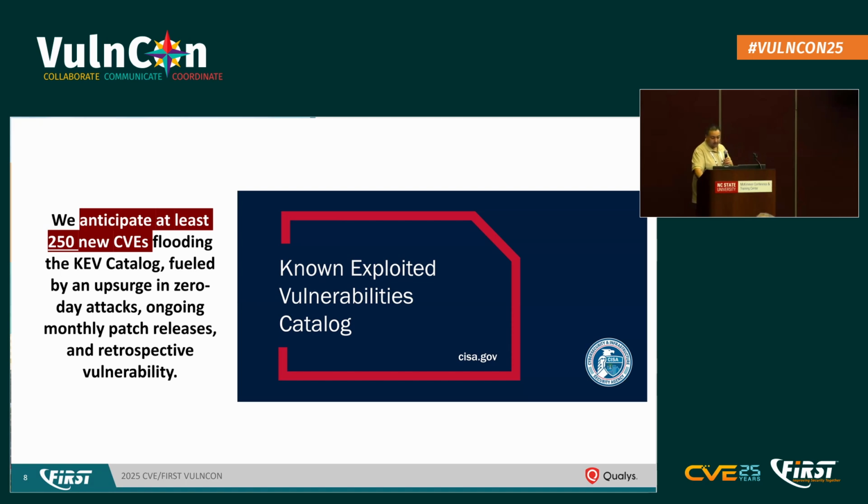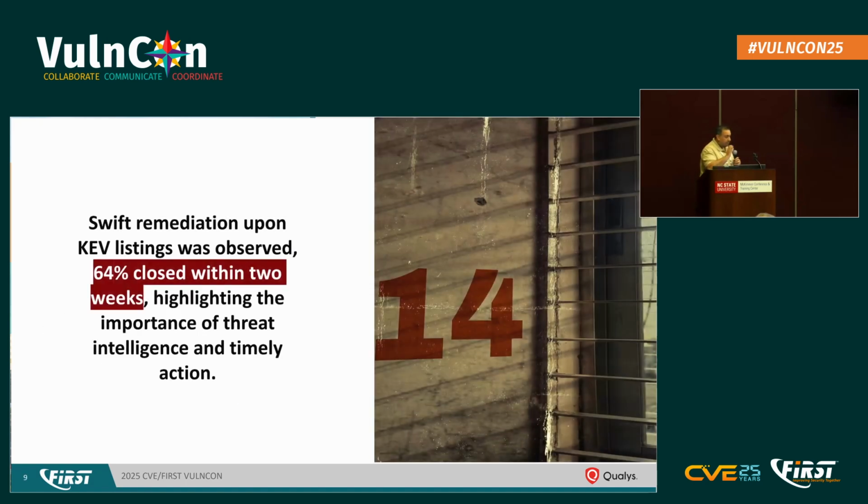And the very important data that we notice is 64% of CVEs that are being added to CISA KEV are being remediated, being fixed, in 14 days. This is really important. It shows the impact CISA has on this work, and we really think that it is important.